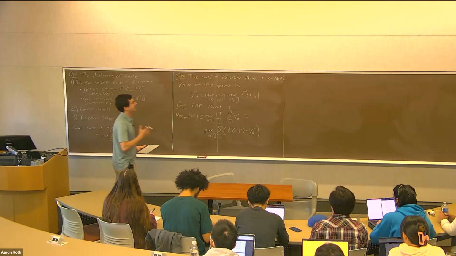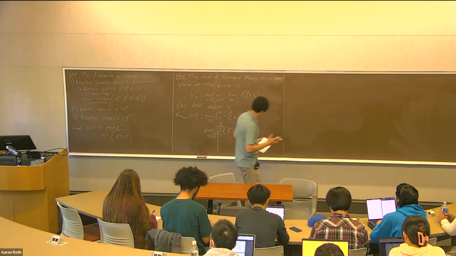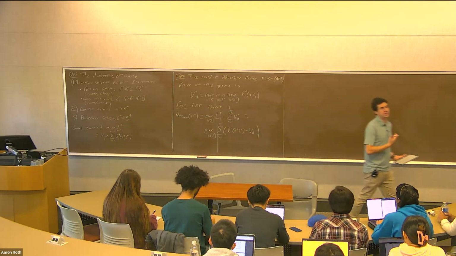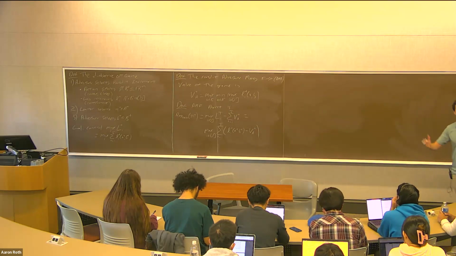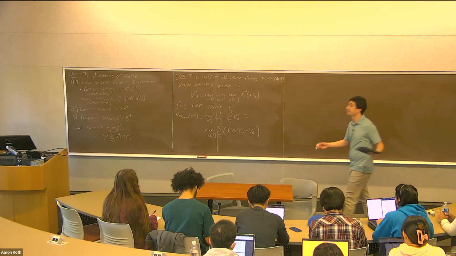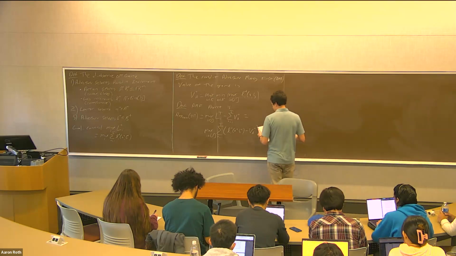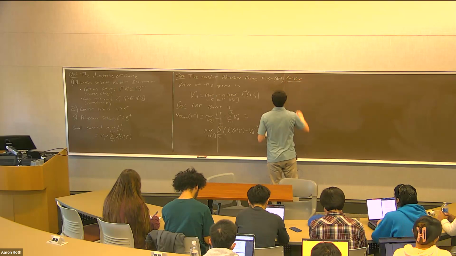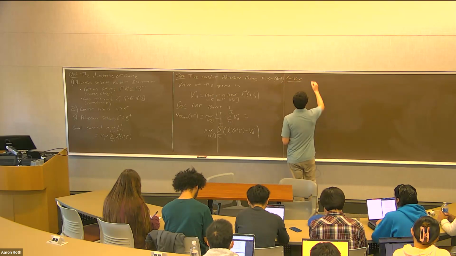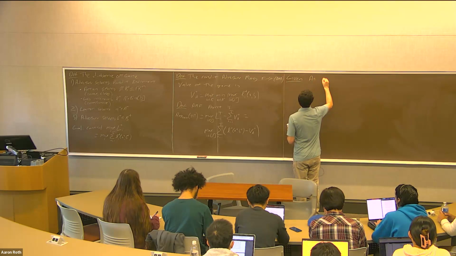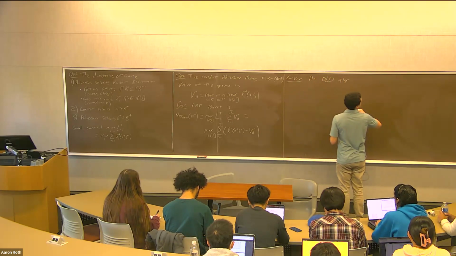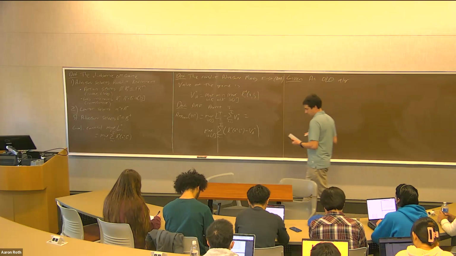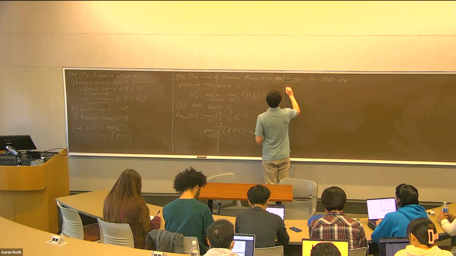So this thing gets as a subroutine something like multiplicative weights, an online linear optimization algorithm. Okay? So what we're given is an online linear optimization algorithm.